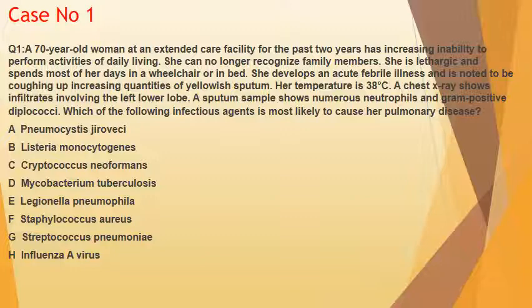She developed acute febrile illness and is noted to be coughing up productive yellow sputum. Her temperature is about 38 centigrade. Chest X-ray shows infiltrate which involves left lower lobe.